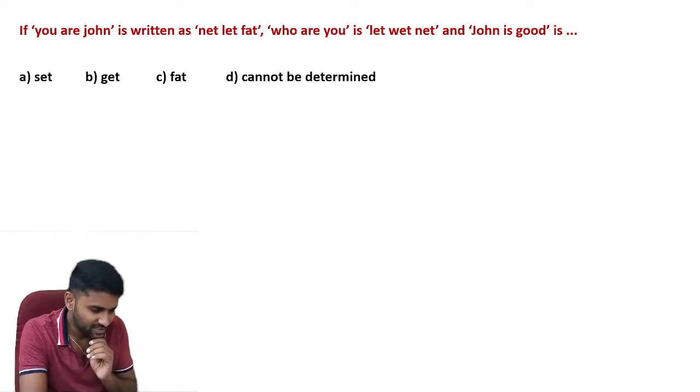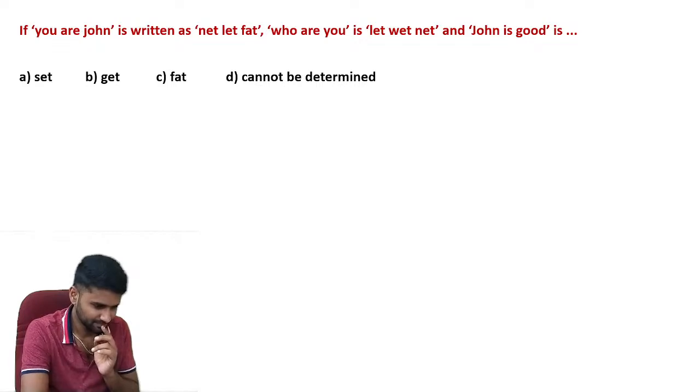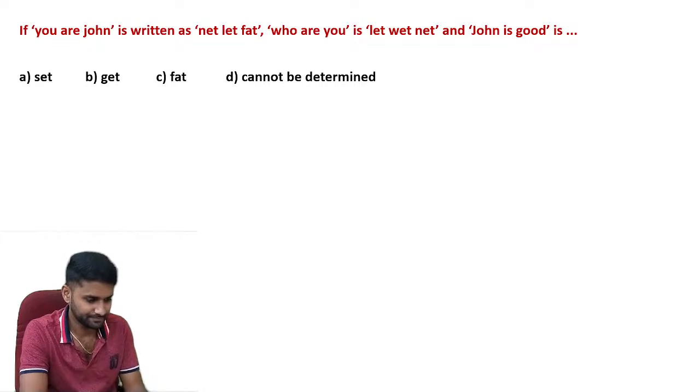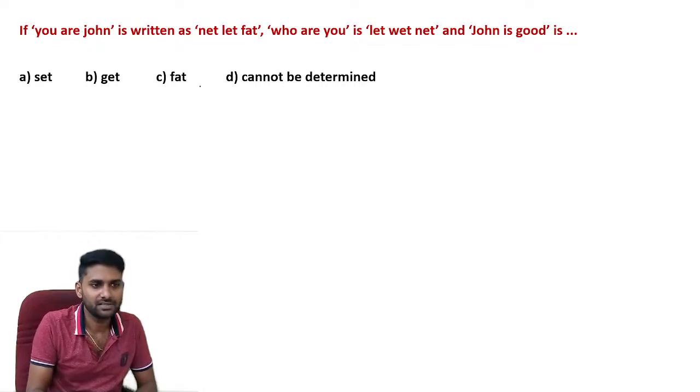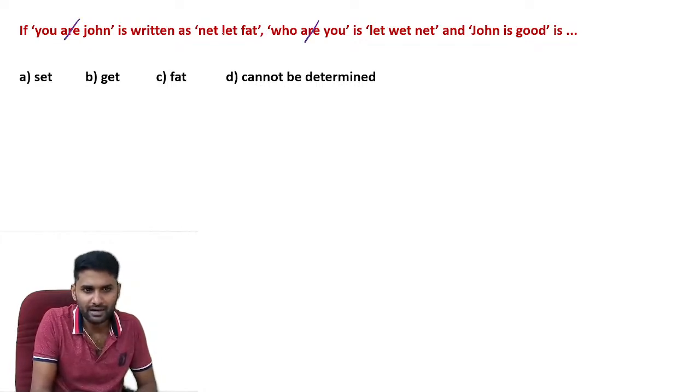See, if words are repeated, definitely the code language is also repeated. Now see here, observe that. You can see R is repeated. If R is repeated, definitely the repeated code language here is LET.